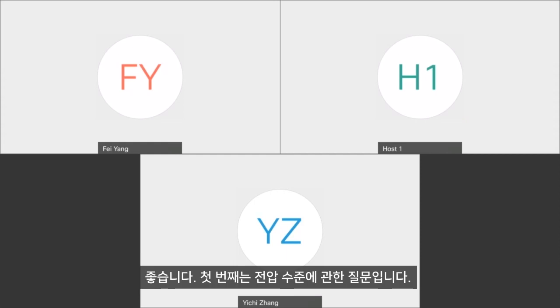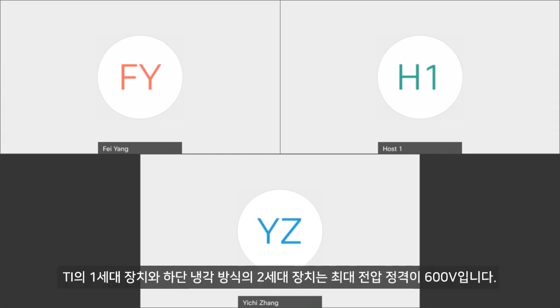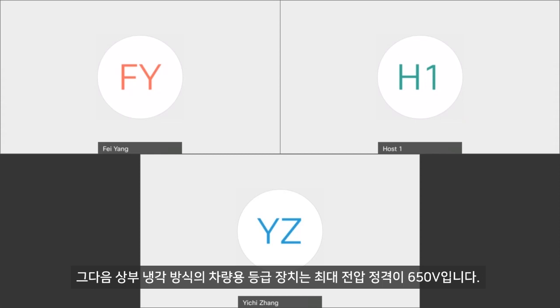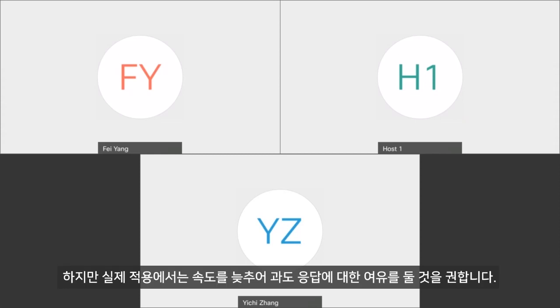Okay. First is the voltage level. Our first generation device and some of the bottom side cooled second generation devices have a 600 volts maximum voltage rating. And for our top side cooled, automotive qualified device, we have a 650 volts maximum voltage rating.